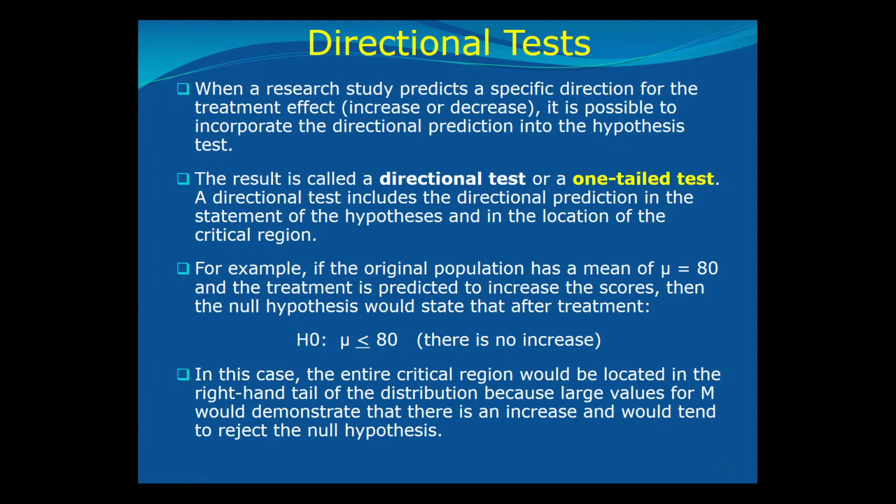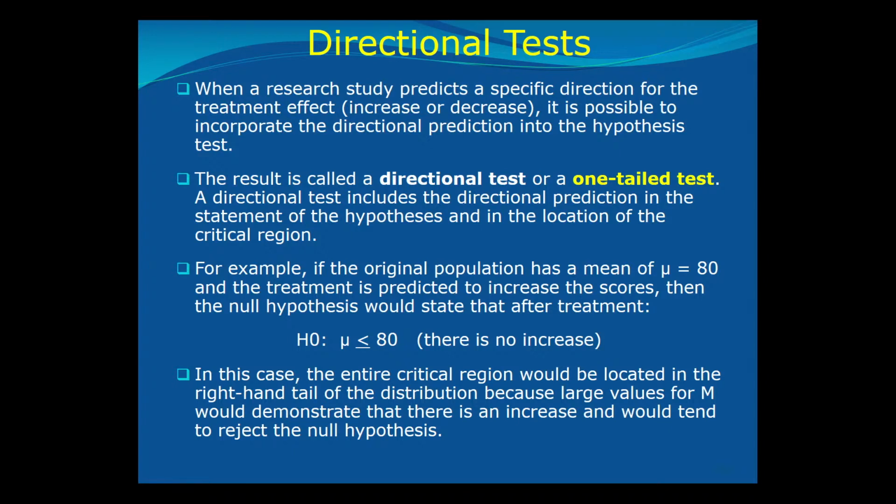So in the directional test, for the null hypothesis, we should use the mathematical signs greater or less than. If we use a non-directional test, we should use an equation with the equal sign only. So for a non-directional test, we should write mu equals 80. For a directional test, we should write mu less than or equal to 80.